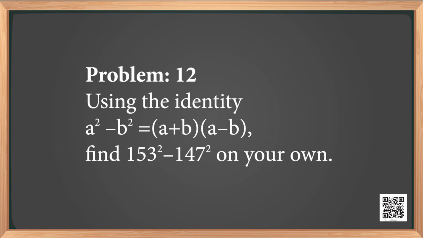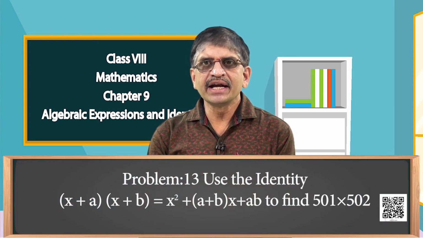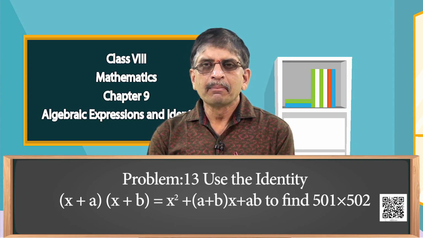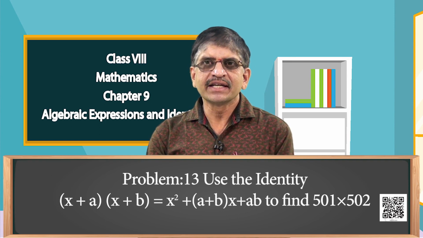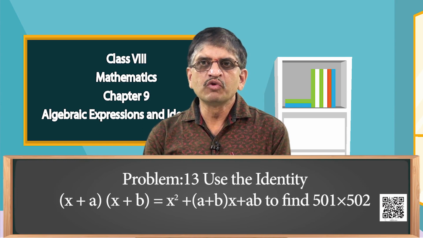Using the identity a² - b² = (a + b)(a - b), find 153² - 147² on your own. Problem number 13. Use the identity (x + a)(x + b) = x² + (a + b)x + ab to find 501 × 502.